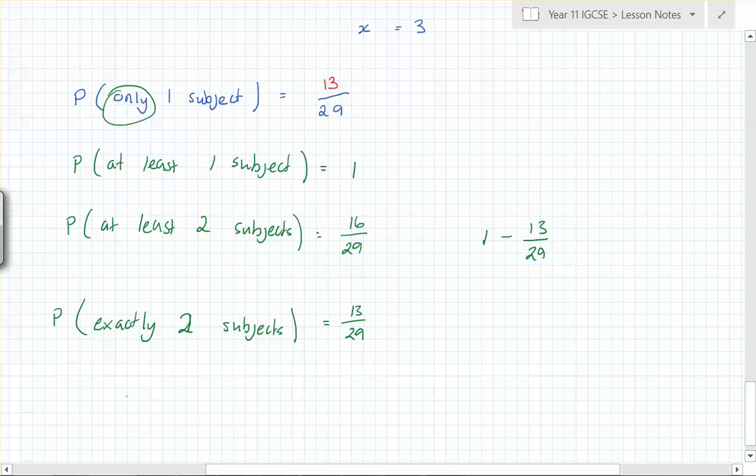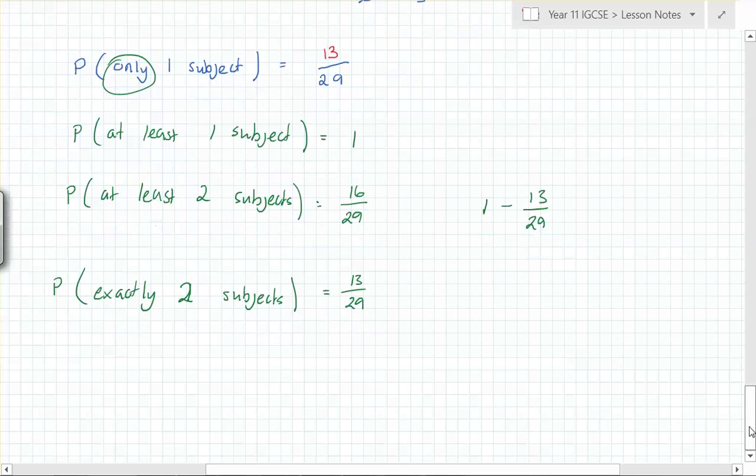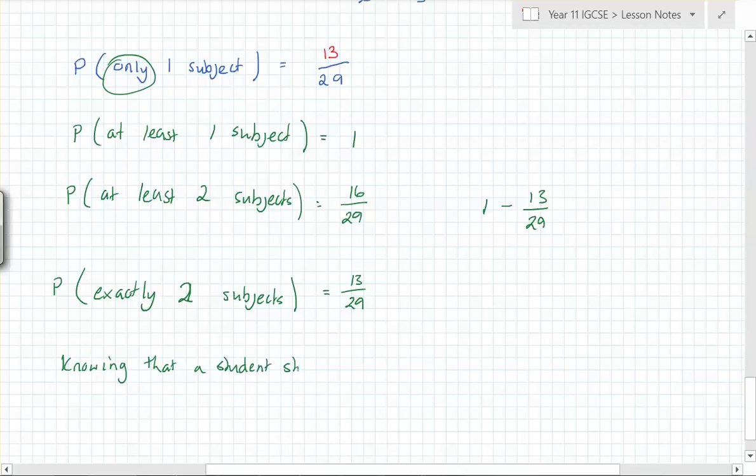And if I said, so final type of question that I want to go through with you is knowing that a student studies physics, okay, what is the probability that they also study chemistry?